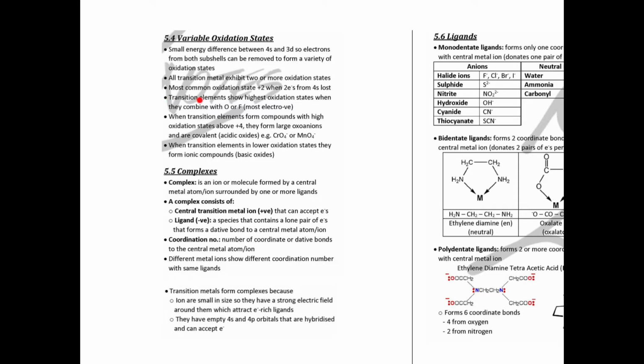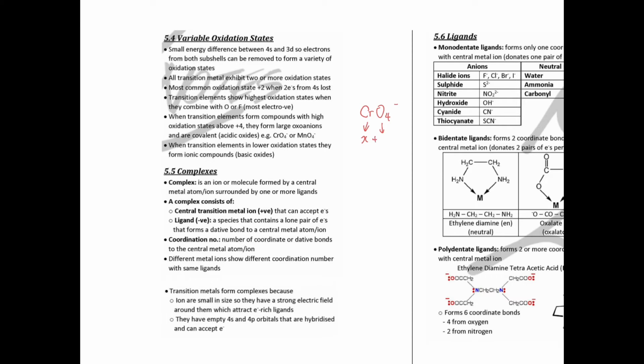Next point, transition elements show the highest oxidation state when they combine with oxygen or fluorine. For example, you can see here CrO4 minus. If you count the oxidation number for chromium, you don't know the oxidation state, but you have to know the oxidation state for oxide here.